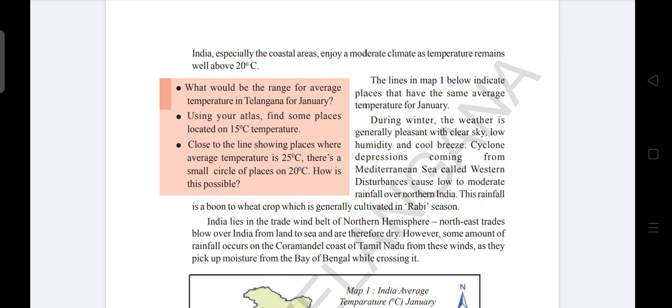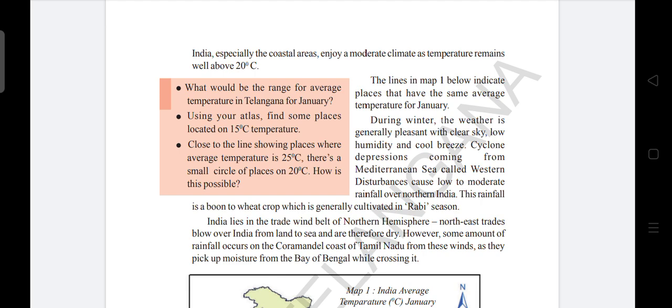So during the winter the weather is generally pleasant with clear sky, low humidity and cool breeze. The cyclonic depressions coming from the Mediterranean Sea, which are called western disturbances, cause low to moderate rainfall over North India.